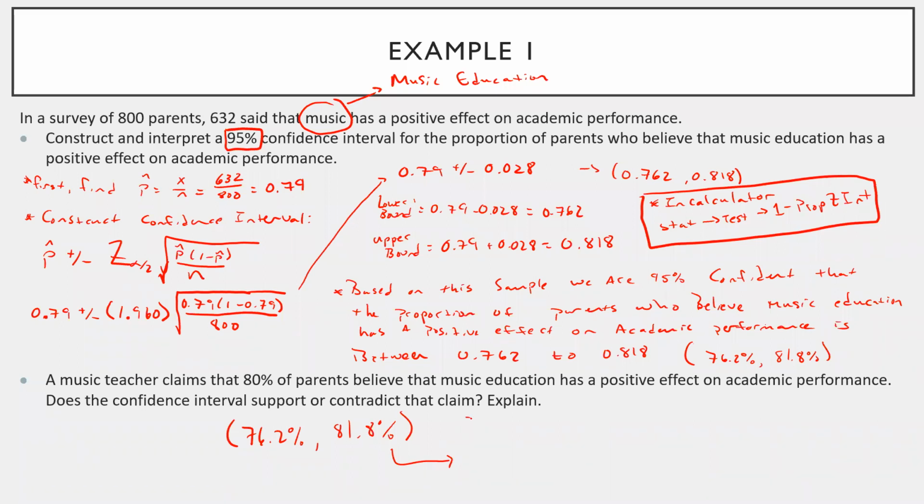So since 80% is within the confidence interval, it supports the claim. Because you know what? It could be 80%. It absolutely could be 80% because 80% is in there. All right. So it supports the music teacher's claim. I can't say it's not 80% because 80% is in that interval.